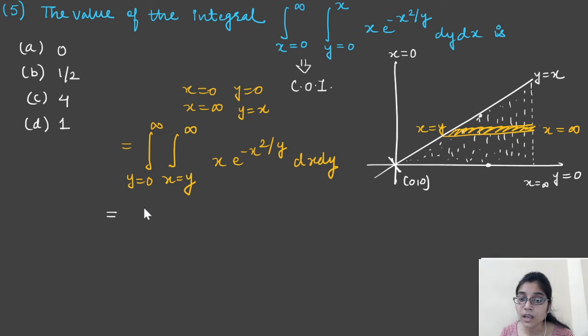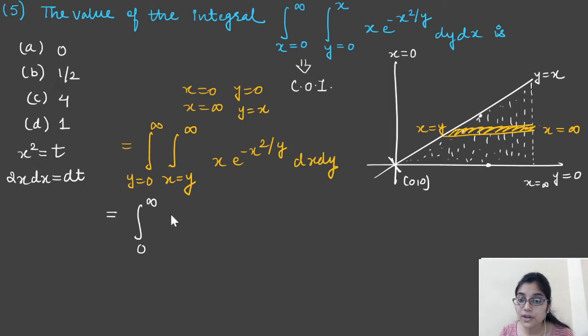Okay, so we have to integrate initially with respect to which variable? With respect to x. So what we will do? We will treat y as a constant. So here what we will do? We will consider x square equals t. Okay, because this is going to be a substitution problem. So 2x dx is going to be equal to dt.